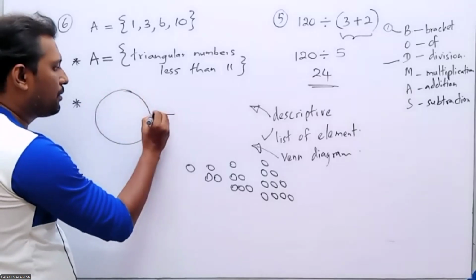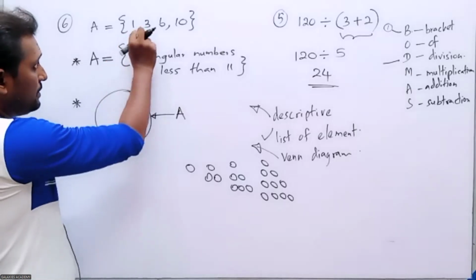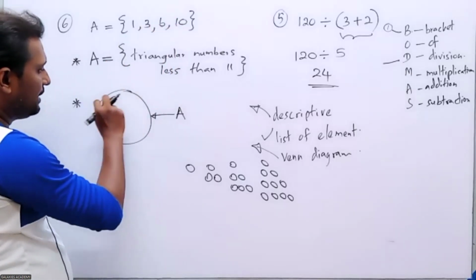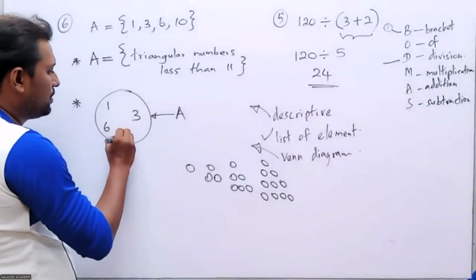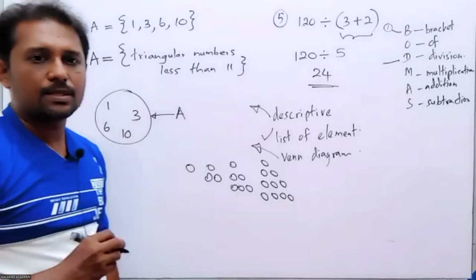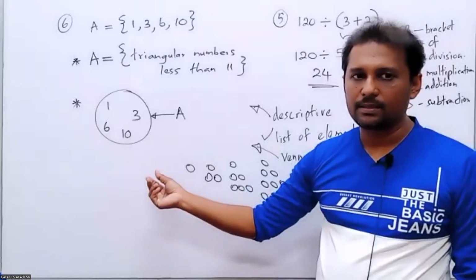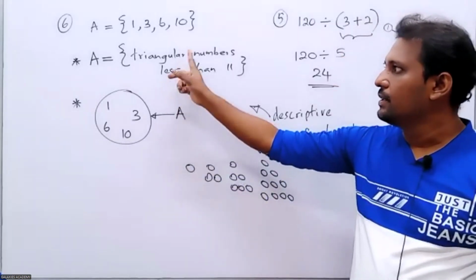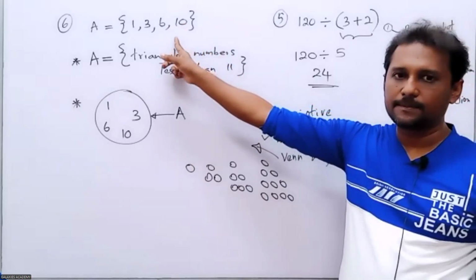Then also you have to write the name of this set, capital A. Then the elements you have to write inside this Venn diagram. Also, you remember, don't put the comma between the elements, right? This is the Venn diagram representation method. And this is the descriptive method, since the question was given in list of elements method.